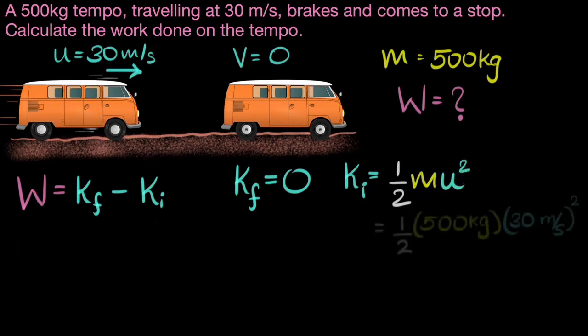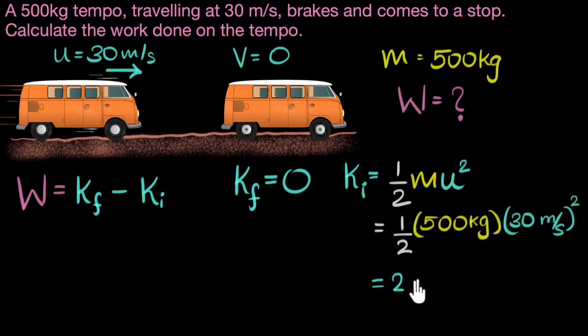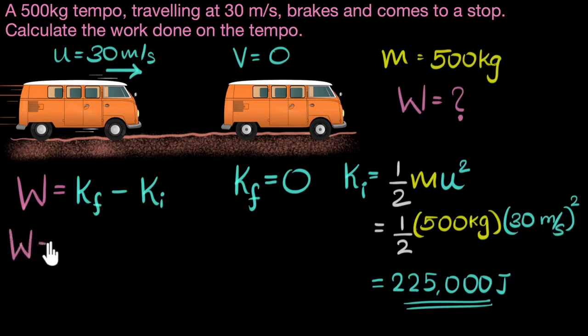And again, if we substitute and simplify, we will get this to be 225,000 joules. You can pause the video and check the calculation. And so the work done becomes final kinetic energy, which is 0, minus the initial kinetic energy, which is 225,000 joules.